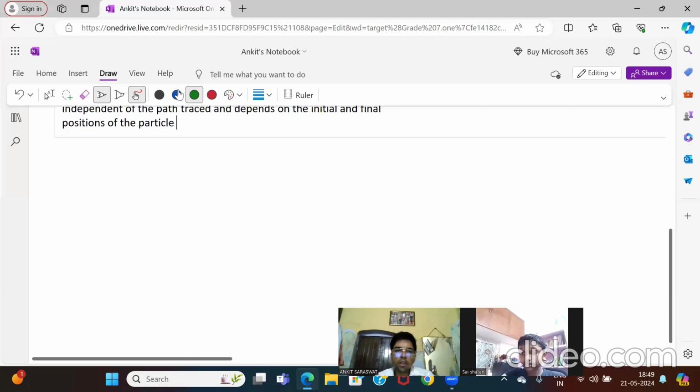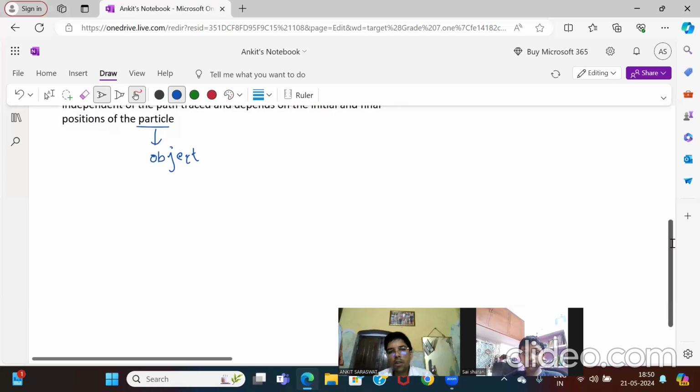Okay, now see this very carefully. For example, if a particle means any object, your car is also a particle. Clear? Don't get confused. If I'm using this term particle, it means any object. Now, the meaning of distance and displacement is very important.